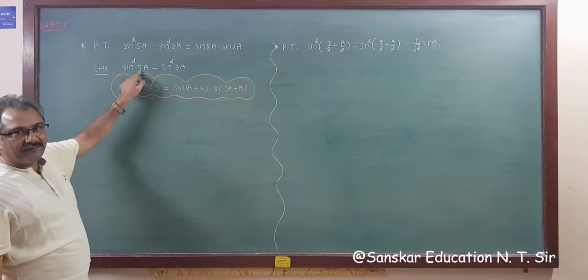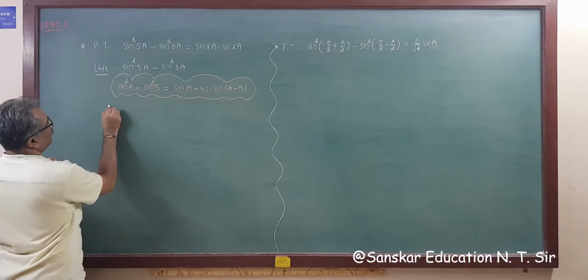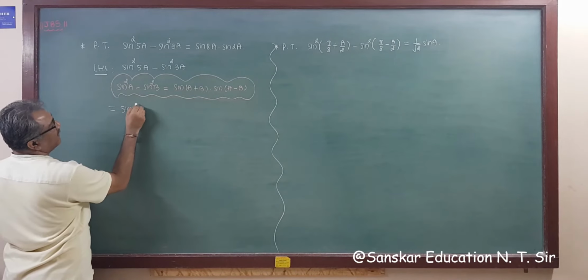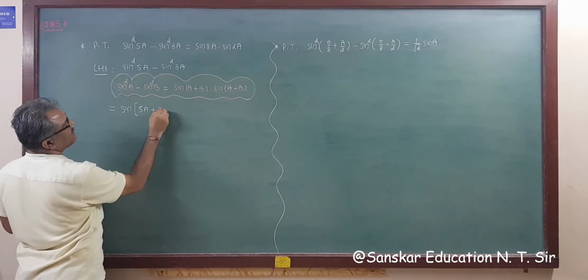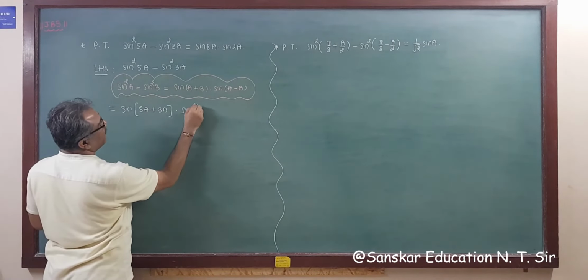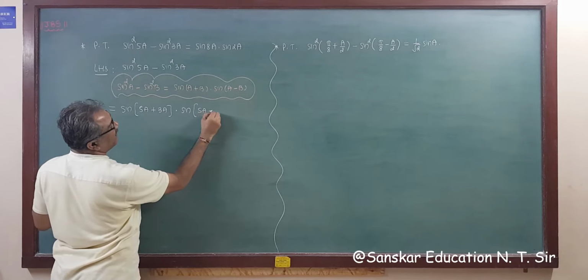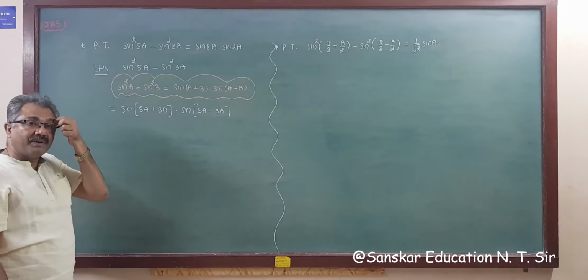in sin square 5a minus sin square 3a, a is 5a and b is 3a. So we get sin(a plus b), that is 5a plus 3a, into sin(5a minus 3a), right?